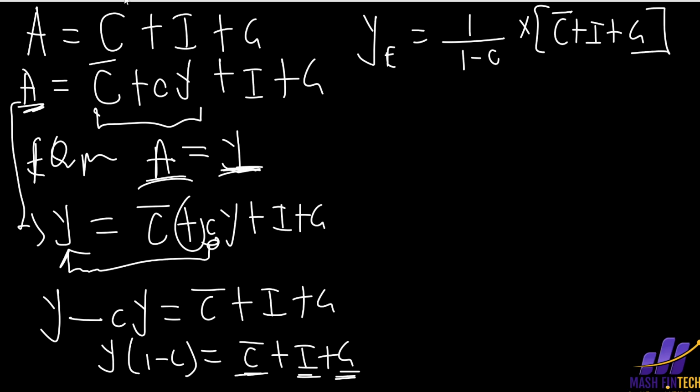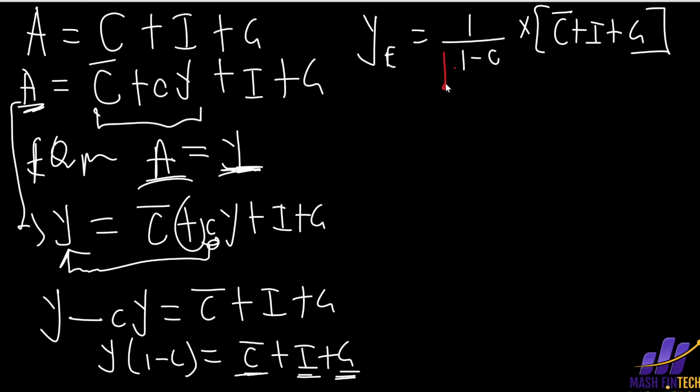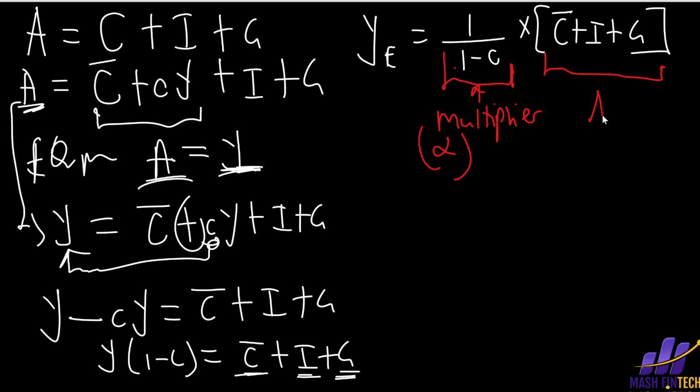This first part, always remember this. This first part you can see here is the value of the multiplier, which I call alpha. So let me write it here. Multiplier, which I call alpha. And this part is the total autonomous expenditure, which we denote A bar.